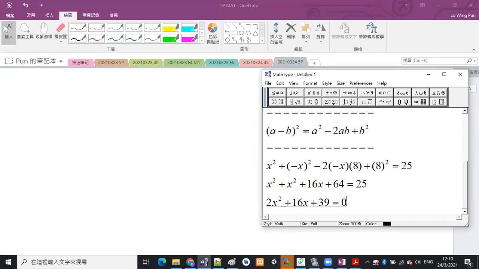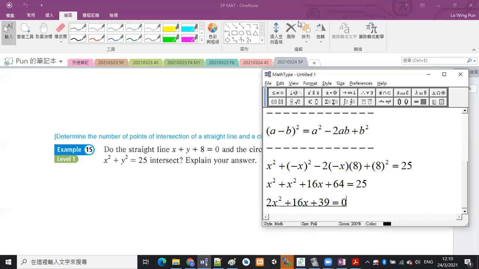Okay? And then, wait, am I correct? Okay, yes. And then it is a simple quadratic equation. What should you do? You want to solve this simple quadratic equation, then you just use your calculator, formula 1.